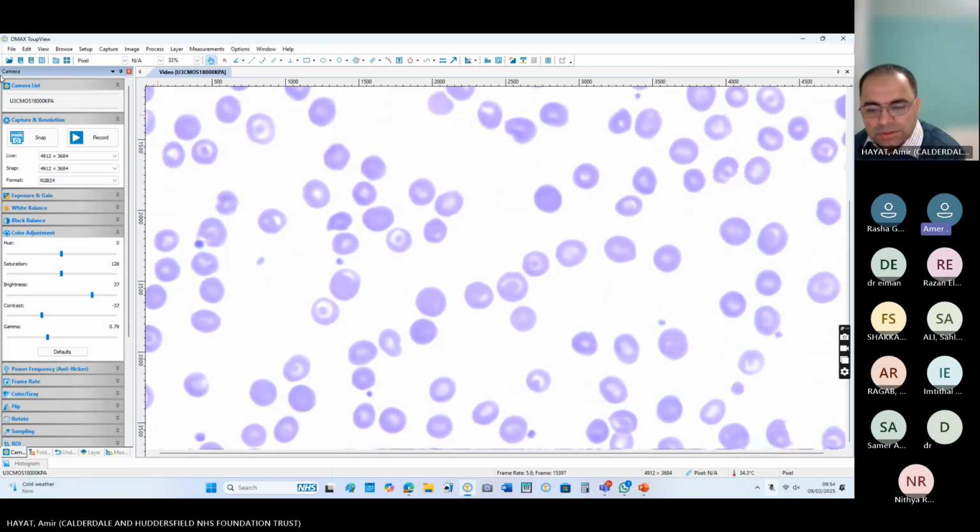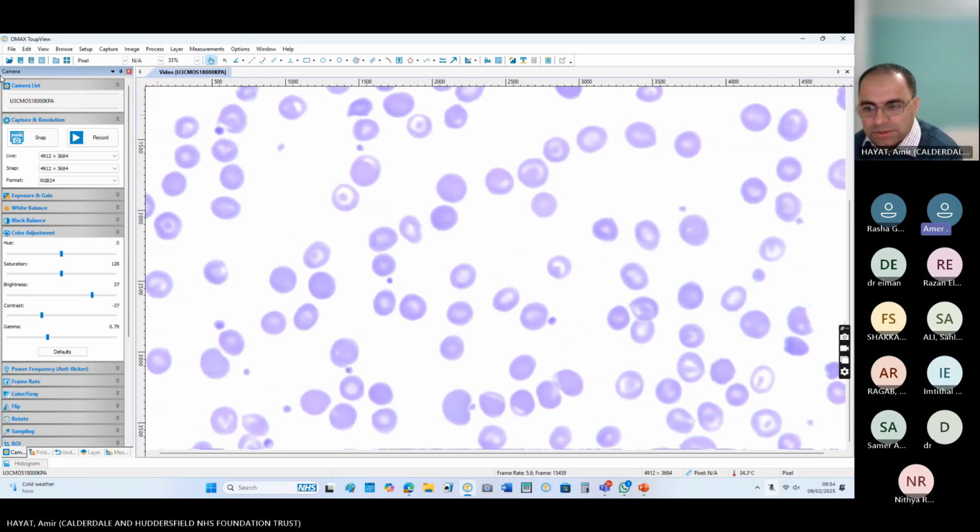Some of the blood films in the Part 2 exam will be for listing the features in the blood film. They will ask you to list 6 features in this blood film.